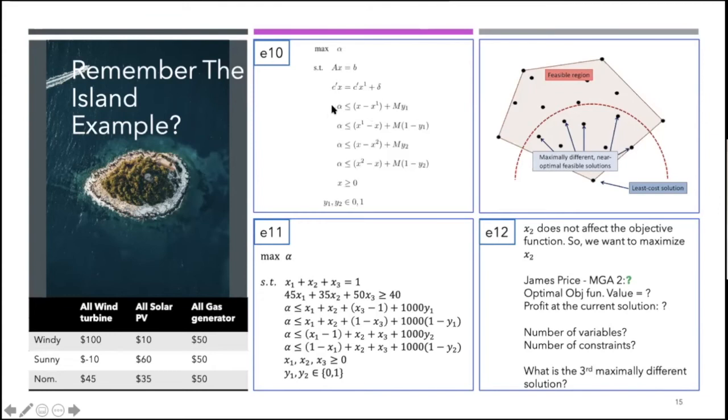Because alpha has to be less than or equal to this value and alpha has to be less than or equal to this value. So if we set Y1 equal to 1, it makes this constraint redundant, and alpha will be set equal to x1 minus x, because 1 minus y1 in that case will be 0, and this term goes away. So depending on whether x1 is greater than x or whether x is greater than x1, it will determine the value of y1.